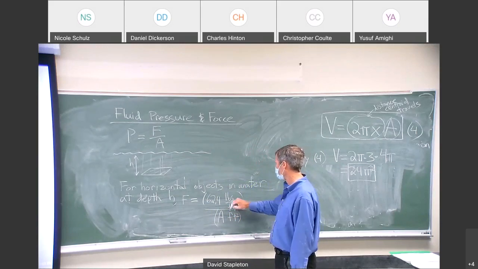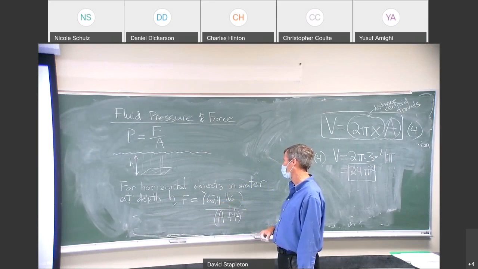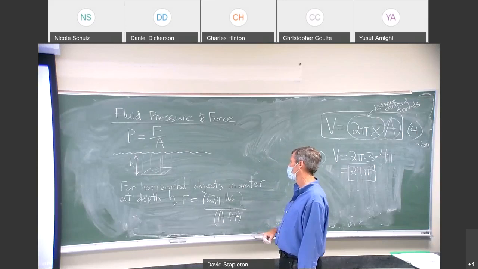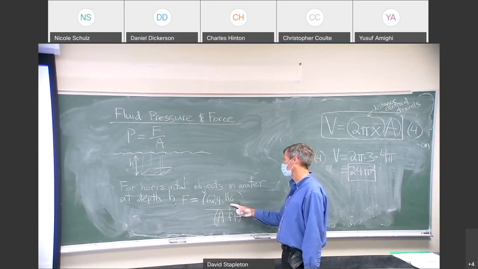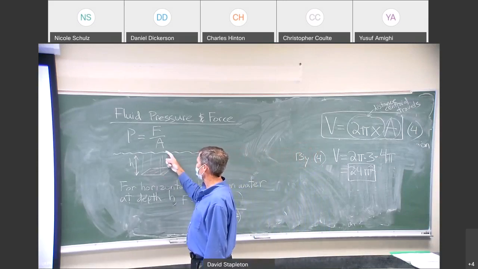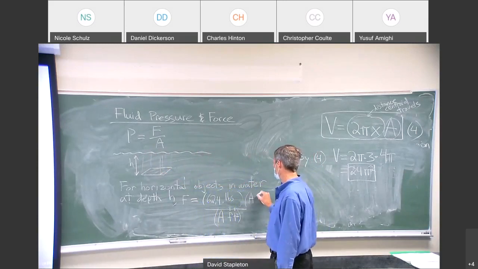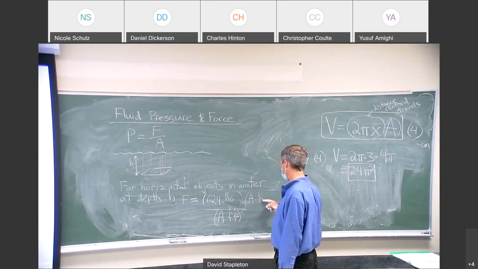I still put this as pounds on the top, I'm sorry. I'm not doing this right. Oh, I know what the trouble is. It's 62.4 pounds per cubic foot times the volume of the water sitting on top, which is A times h, square feet times feet, is cubic feet.